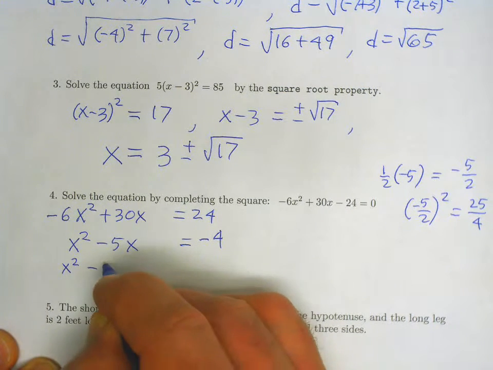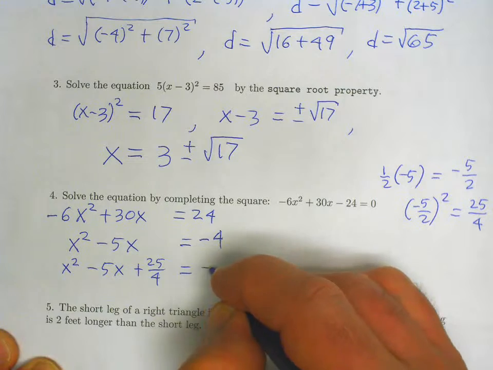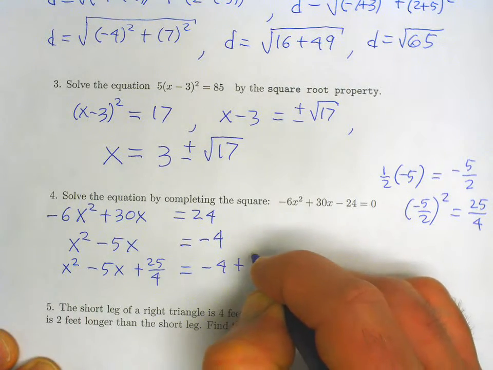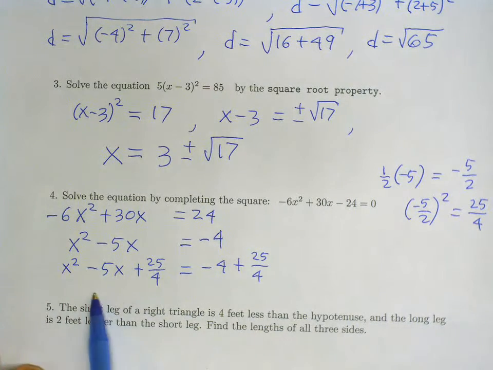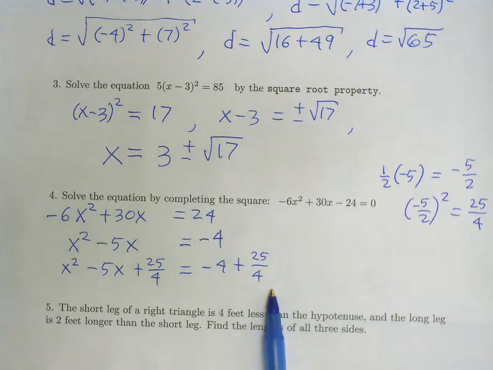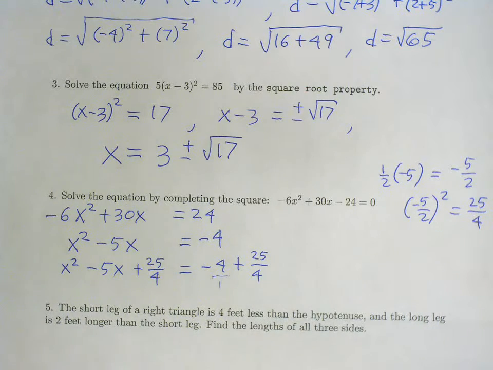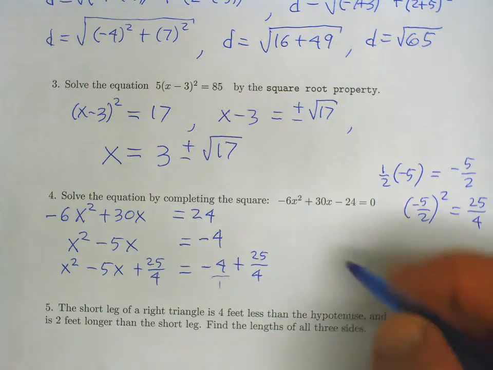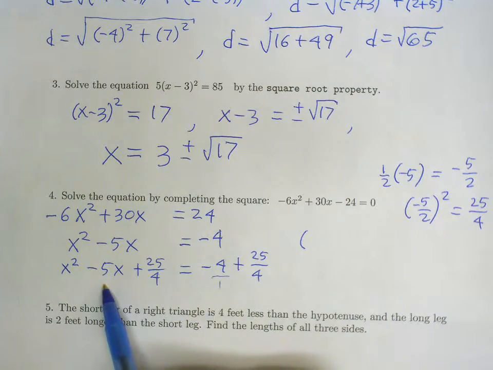x squared minus 5x plus 25/4 on the left-hand side. On the right-hand side, -4 plus 25/4. The left-hand side is now a perfect square trinomial. We have to add the integer -4 to the fraction 25/4. So the least common denominator is 4. So in the next step, we'll write what binomial squared is equal to the perfect square trinomial.